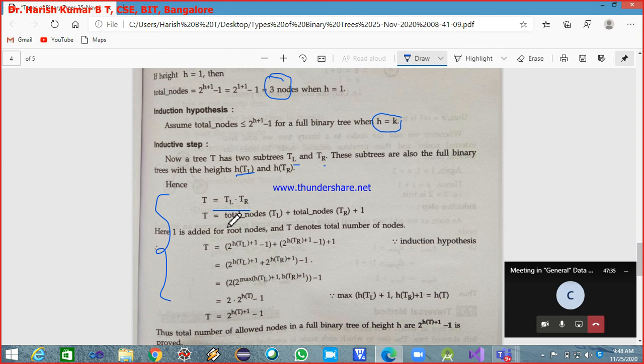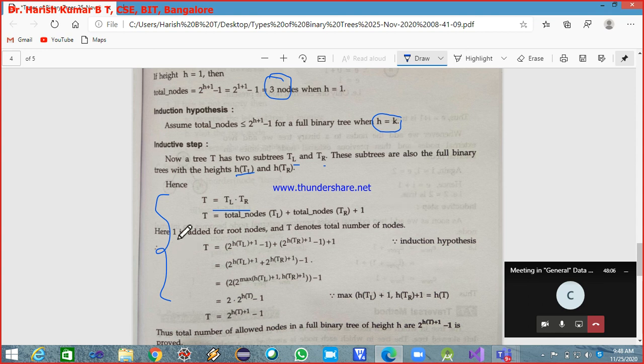Now when I expand this, T is equal to the total number of nodes in the left subtree plus the total number of nodes in the right subtree plus 1. Hope you people are following? Yes, sir. Okay. So TL plus TR, right? Now why this plus 1? Based on the total number of external nodes being equal to the total number of internal nodes plus 1.